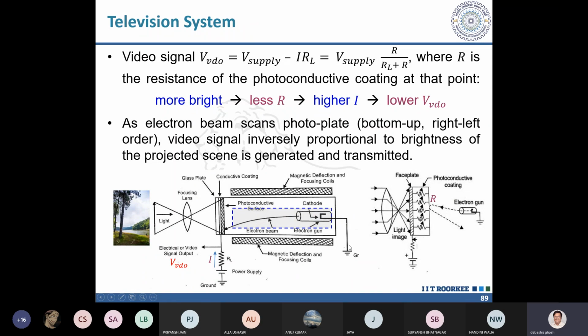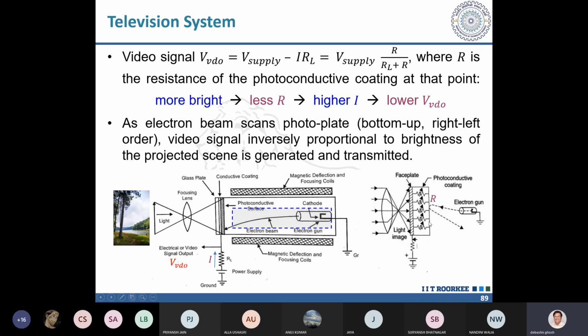Basically the electron is flowing from the ground through the electron beam, through the RL, and then to the power supply. So electrons flow in this direction, which means current I is flowing in the opposite direction.